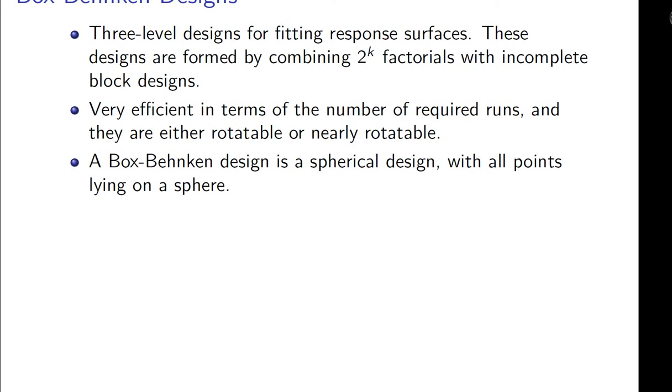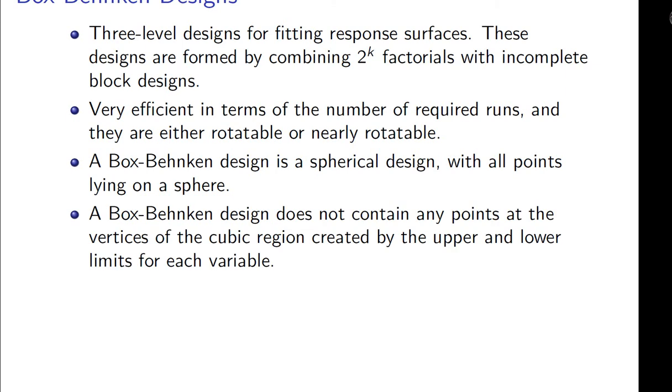Okay. So these are spherical designs. All of the experimental runs lie on a sphere in this geometry of the factor space, and so you can imagine in your mind's eye that the sphere being rotatable geometrically would suggest that your experiment is rotatable, and it would give you a method for fitting response surfaces that are both efficient but predictive as well.